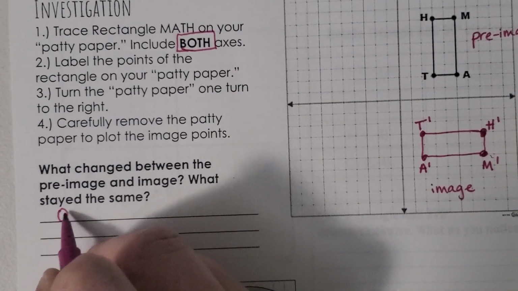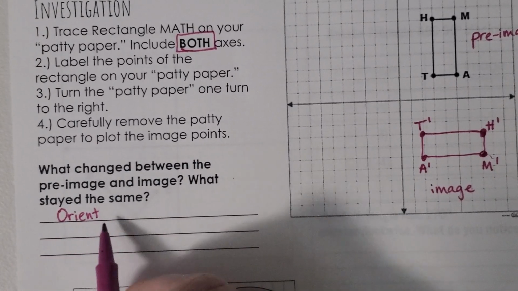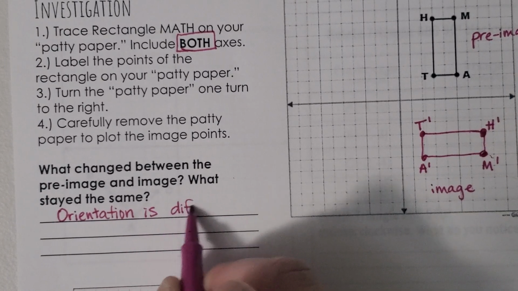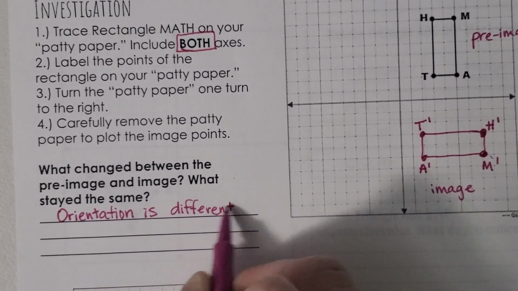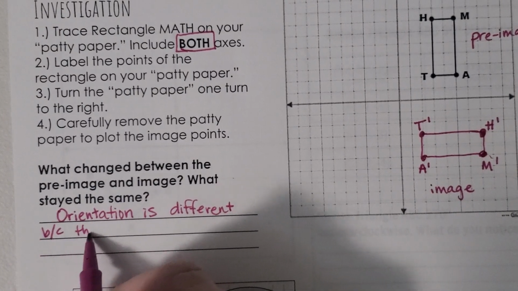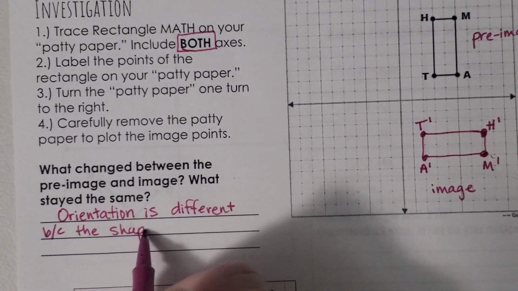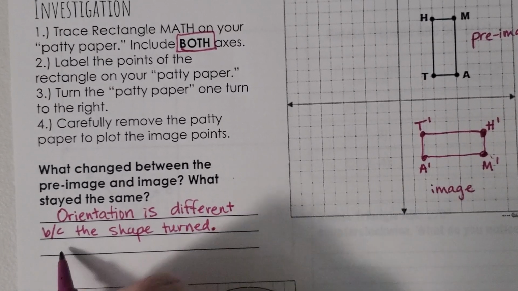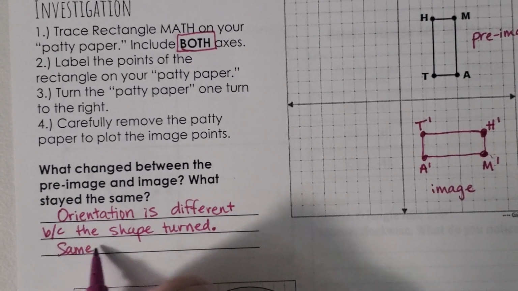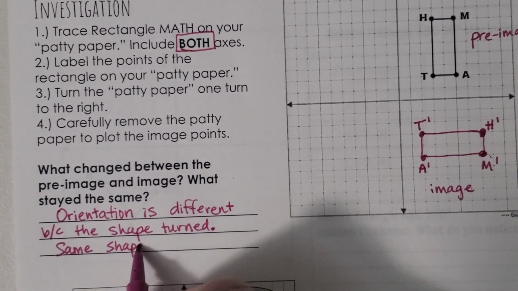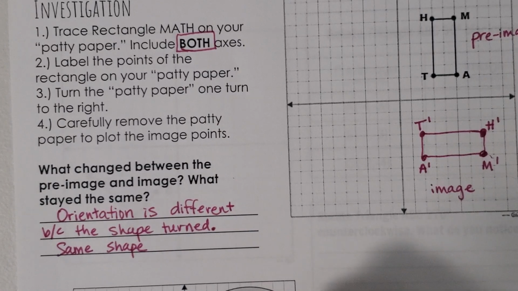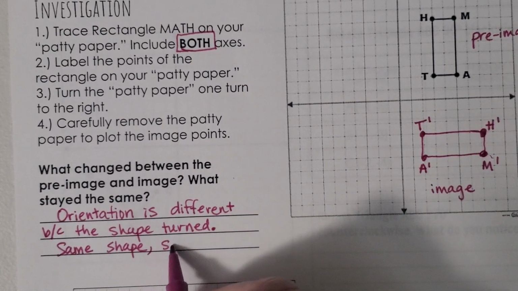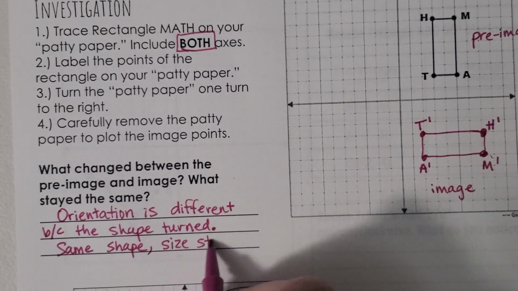So I can say that the orientation is different because the shape turned. And then we can also say that the similarities would be that they have the same shape, meaning that it's still a rectangle, and the size stayed the same as well.